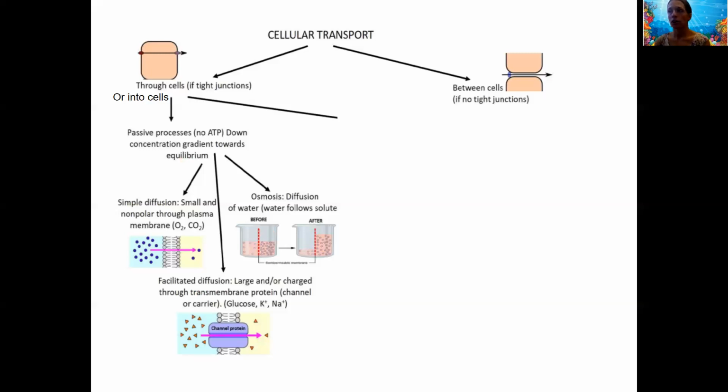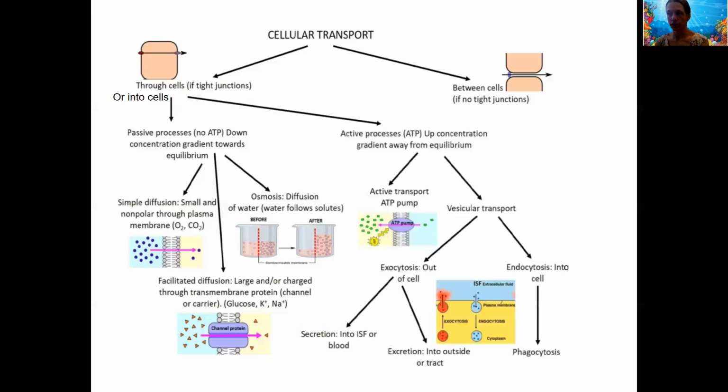So the other big theme of transport is active transport. So this would be up a concentration gradient. There's no spontaneous drive for these. So we need to have some sort of energy input. And the two categories are active transport, ATP pump, and vesicular transport. Vesicular uses ATP.